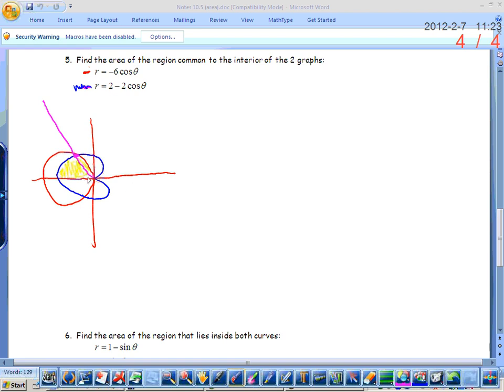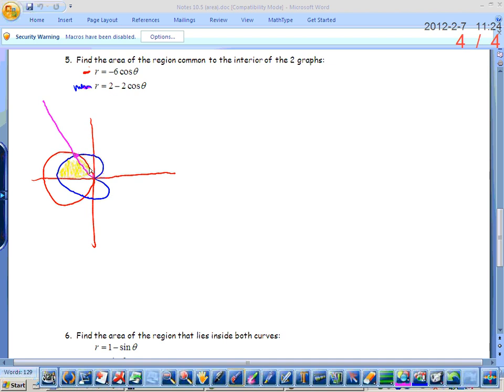If you look at this line that goes from the pole to that point of intersection, then one of the regions is that line and my red graph, or my circle, bounded by that. And then the other region is my line that I drew and the second graph, or my blue graph that I've drawn right there. And that's going to help us distinguish how we're going to do that.